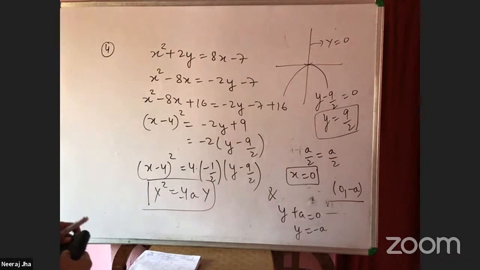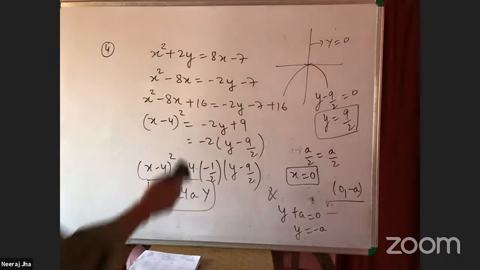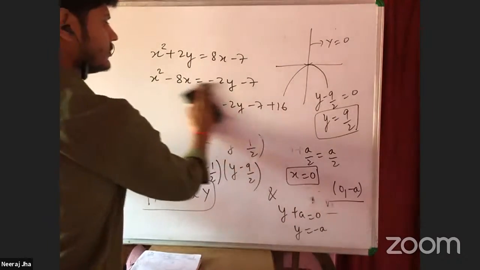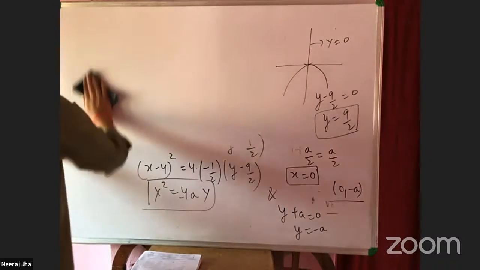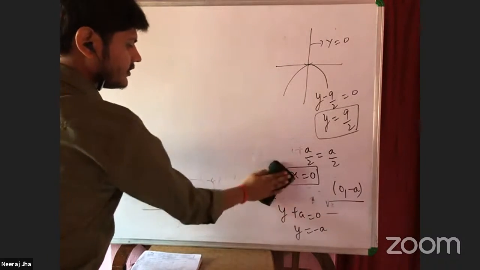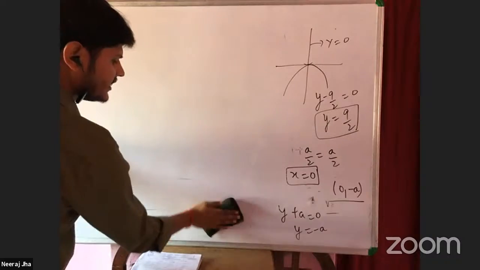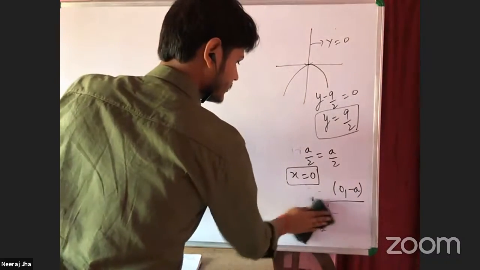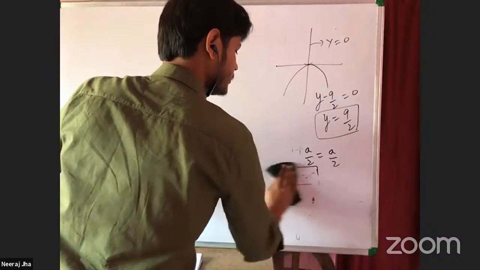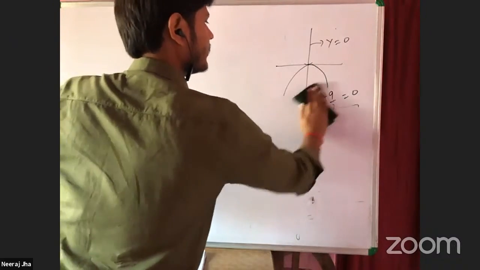Let us discuss problem number 5. Shall I erase it? Okay. You need not write the questions. The questions which I am projecting, don't write them. I'll send a PDF for that, and at your college also. Okay.